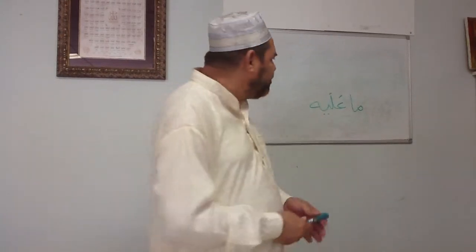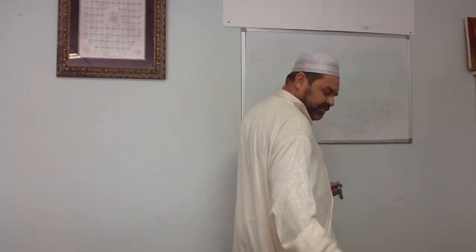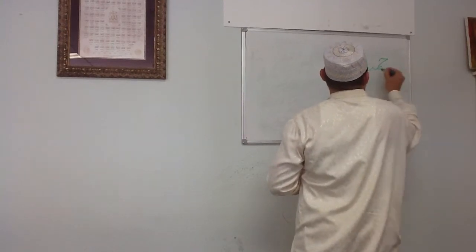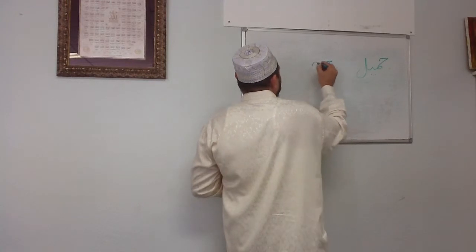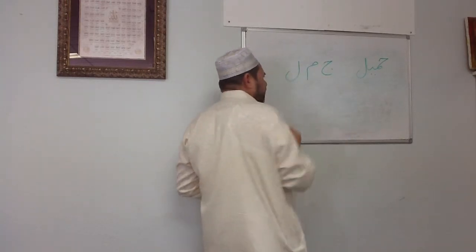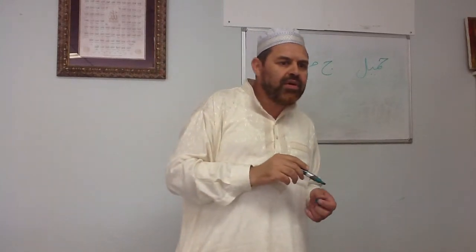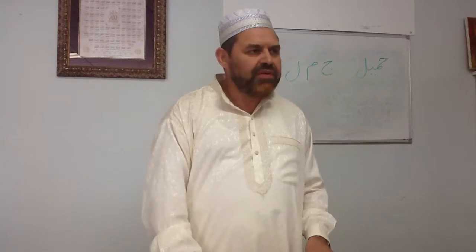Like if you write Jameel, first write the word Jameel, then show me the root Jim, Mim, Lam. What page is the homework? The drill? 207? Yes, this homework that I'm giving is this 207.